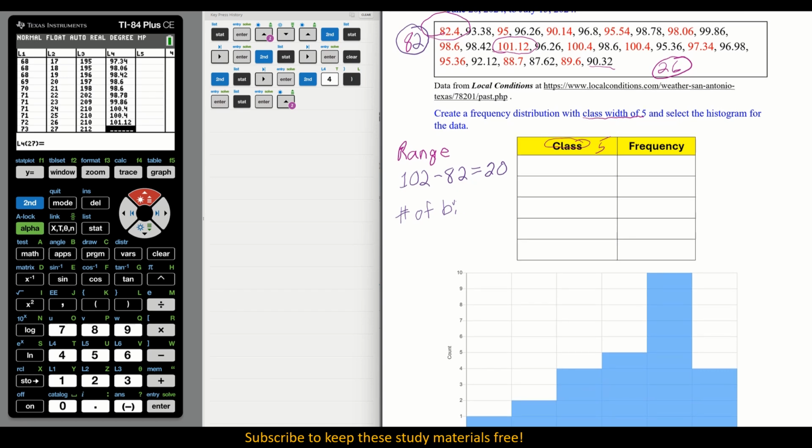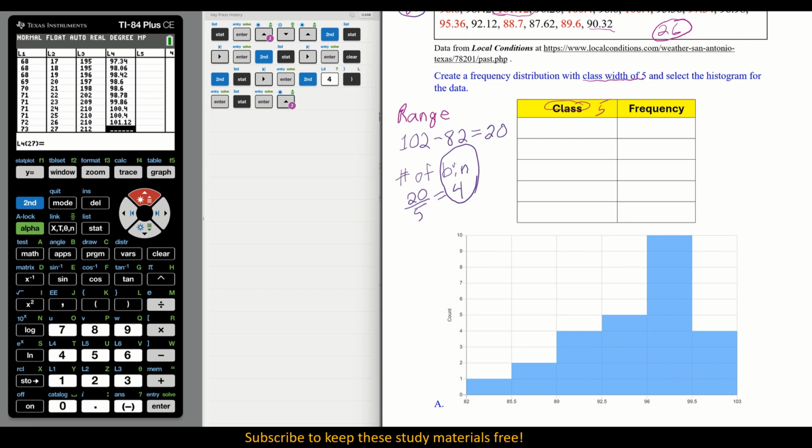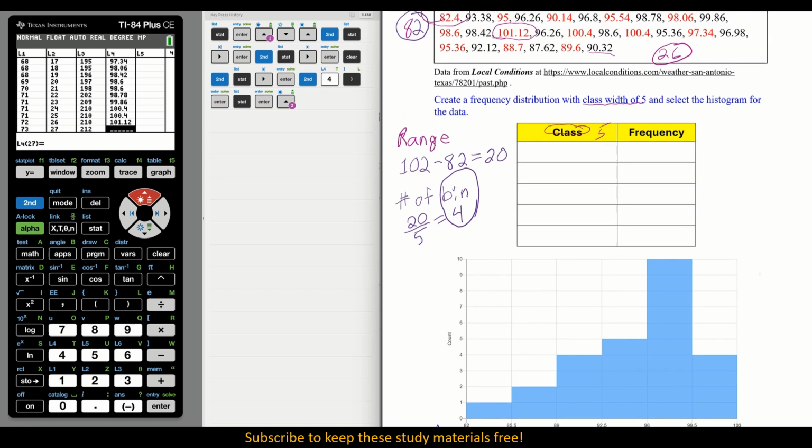We need the number of those. How many do we need? We know the width, it's 5. Well, that is the 20 divided by 5 gives us 4. Okay. Well, you can see if you're looking down at option A below, you can tell that one's already not going to work. We'll get back to that.